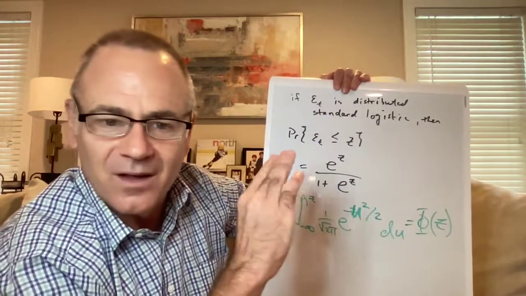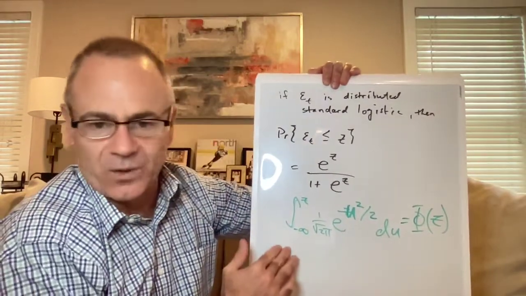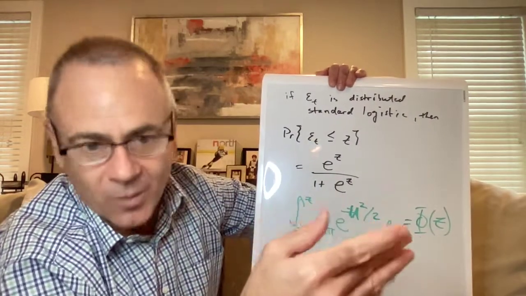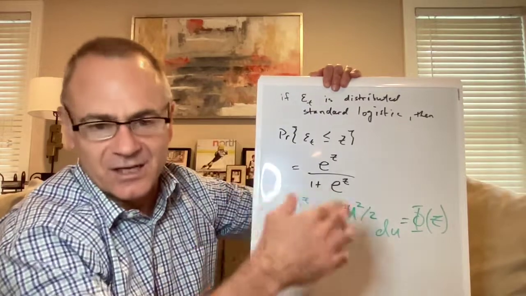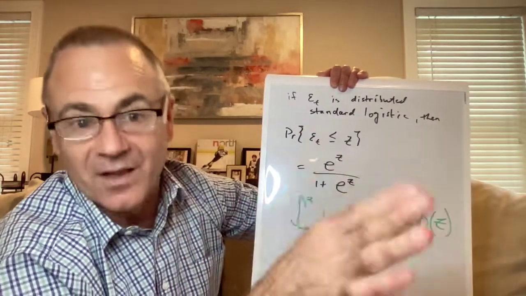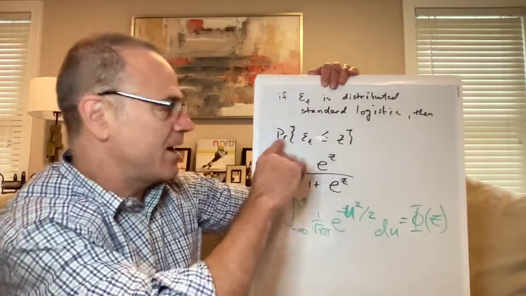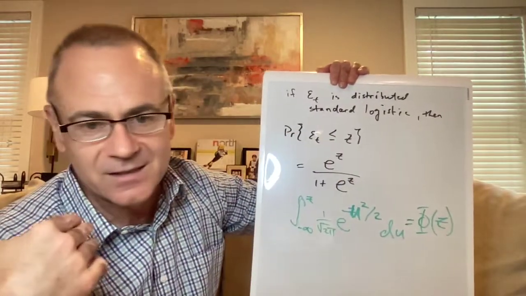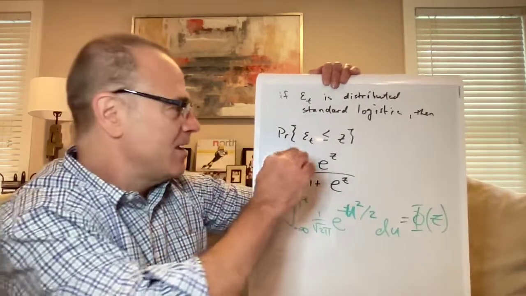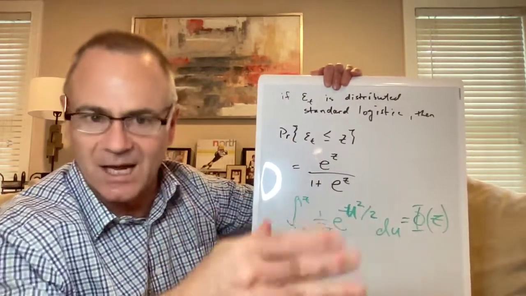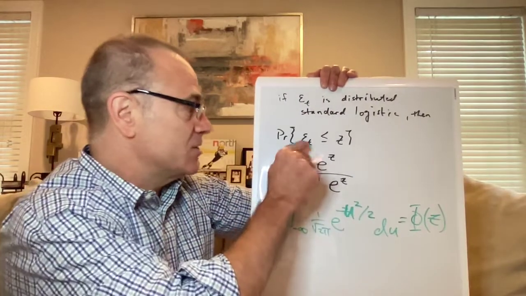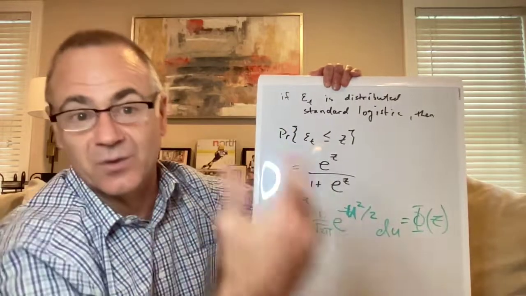We have theoretical reasons to believe error terms are distributed normal rather than logistic. We have the Central Limit Theorem that says that, if that error term is the sum of a whole bunch of random variables, and that error term represents the sum of these things, because of the Central Limit Theorem, it makes sense to assume that epsilon is distributed normal.